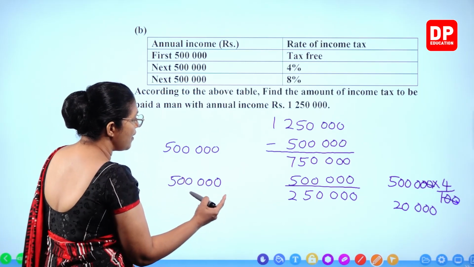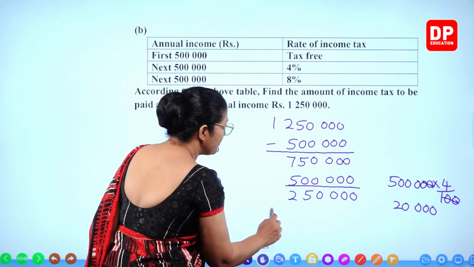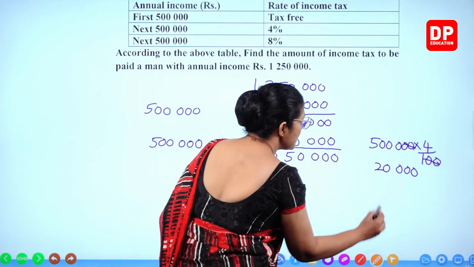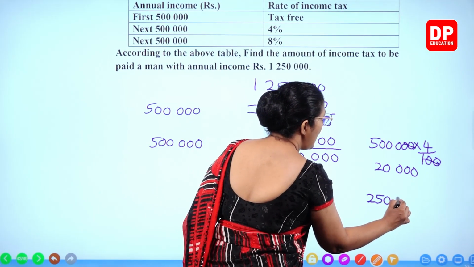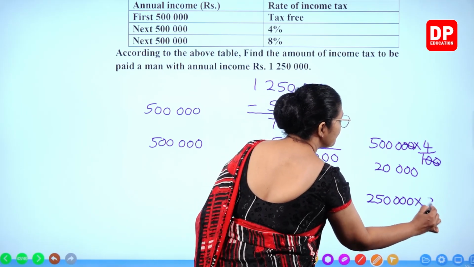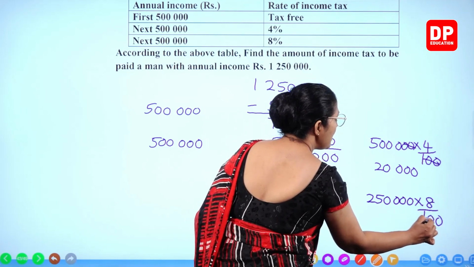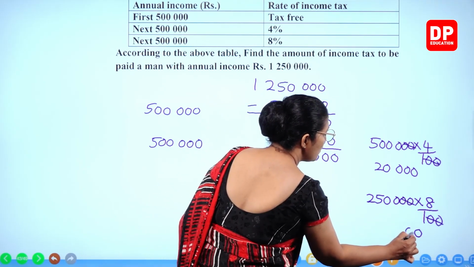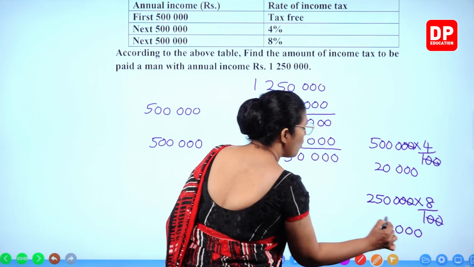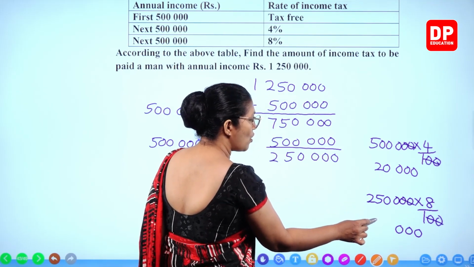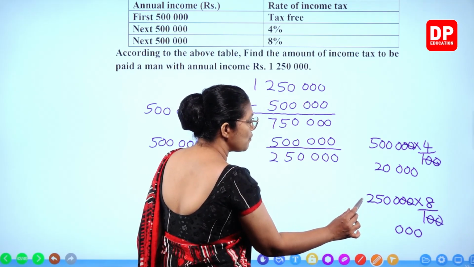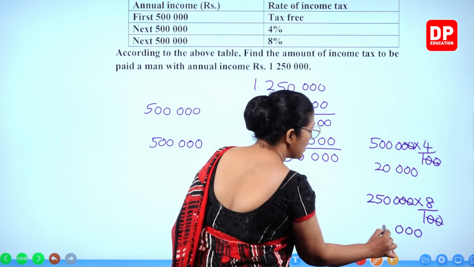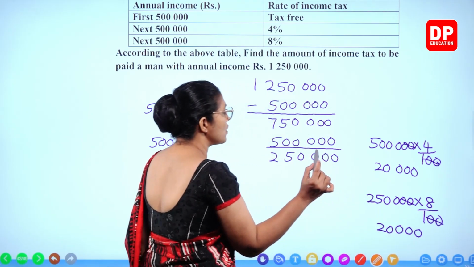So for 250,000, now the tax is 8%. So multiply by 8%. 8 times 0, 0. 8 times 5, 40. 4 remaining. 8 times 2, 16 plus 4, 20. So another 20,000.